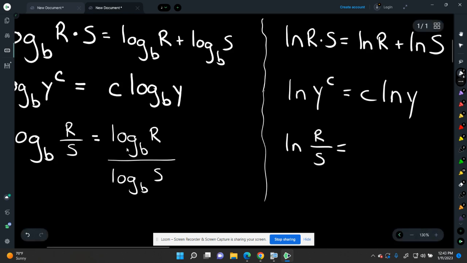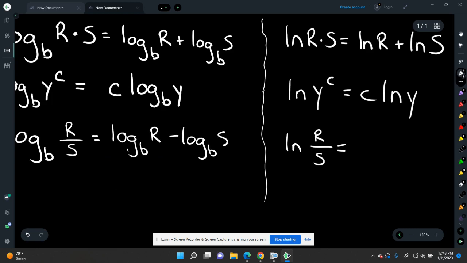Oh, I made a mistake. I'm sorry. I made a big goof. I didn't even notice it until I started to write the natural log one. Division means subtraction. Natural log of r minus the natural log of s.